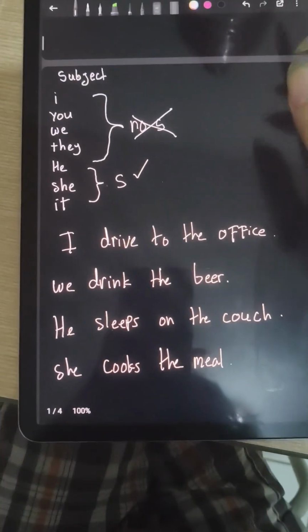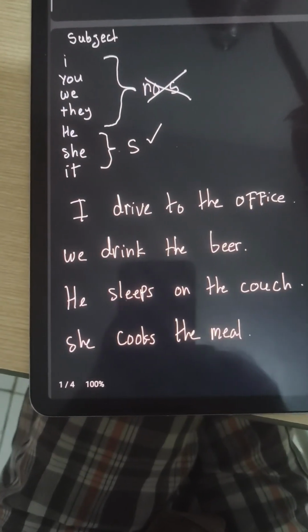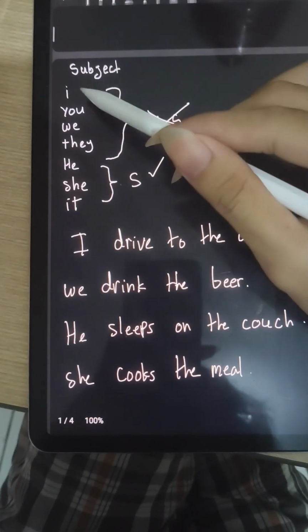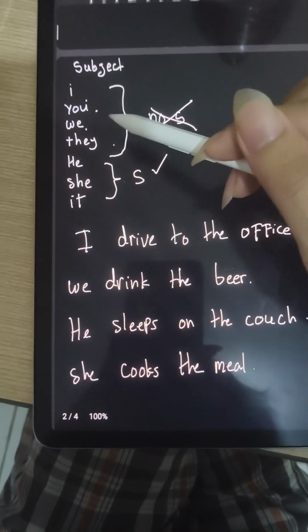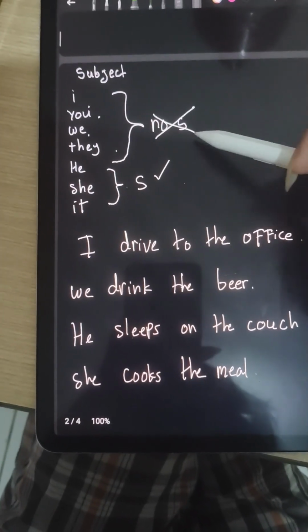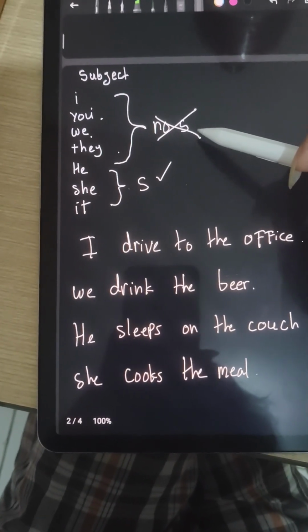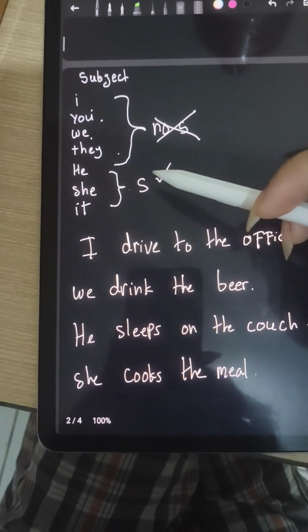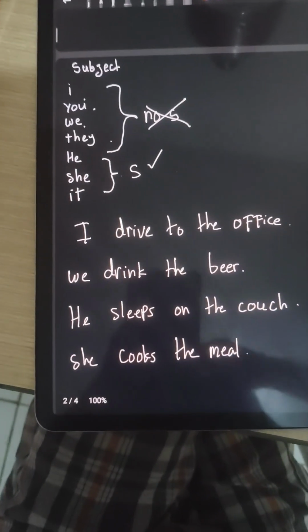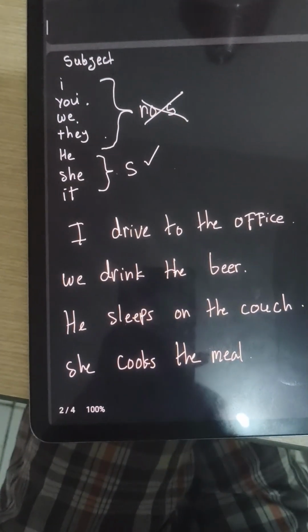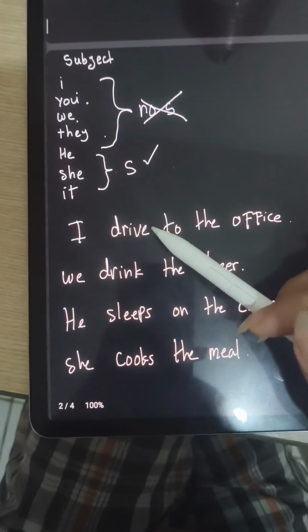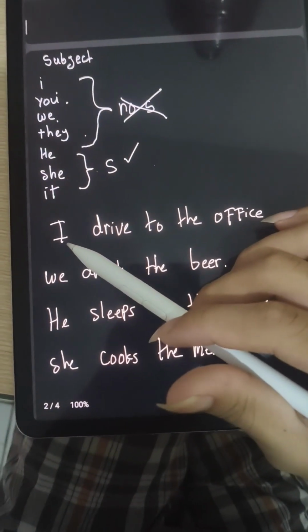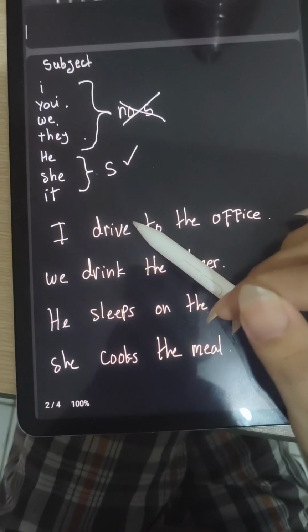Now, let's talk about subject and verb in the present simple. In present simple, if the subject is I, you, we, they, you don't put any s at the end. If your subject is he, she, it, put s at the end of the verb. I'll give an example. I drive to the office. I drive. No s.